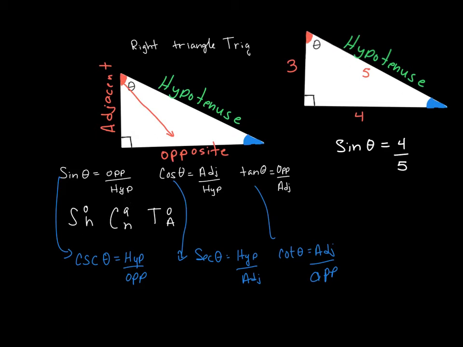The cosine of theta is the adjacent over the hypotenuse, 3 over 5. The tangent of theta would be the opposite over the adjacent, so the ratio of 4 over 3. And for the reciprocal identities, the cosecant would equal 5 over 4, the secant would equal 5 over 3, and the cotangent would be 3 over 4.